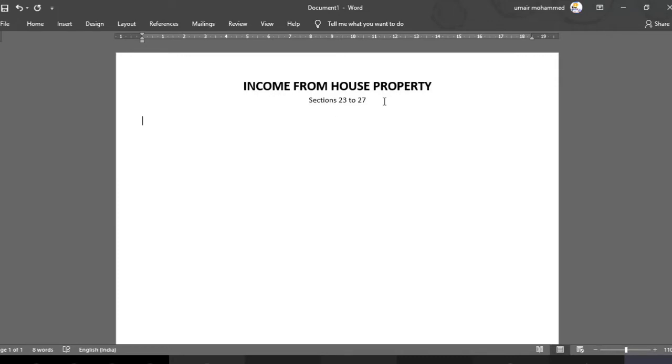Whenever we begin a new head of income, something which needs to be discussed is: what is the defining criteria, or on what basis do you classify a specific transaction under a specific head of income?